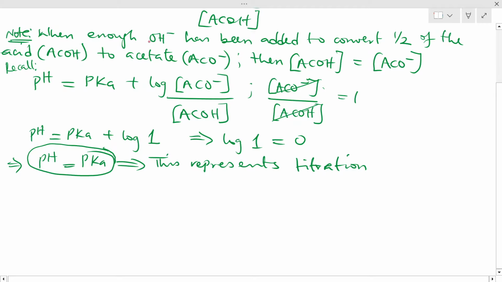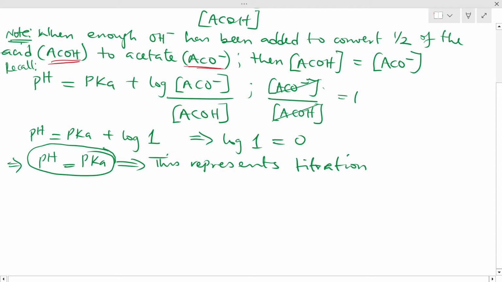So when enough base has been added to convert half of the ACOH to acetate, in this case, the concentration of ACOH is equal to what?